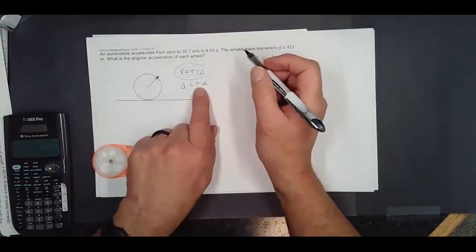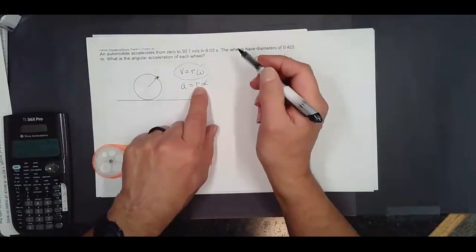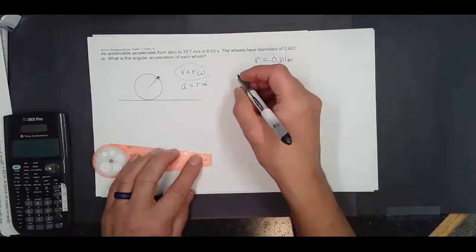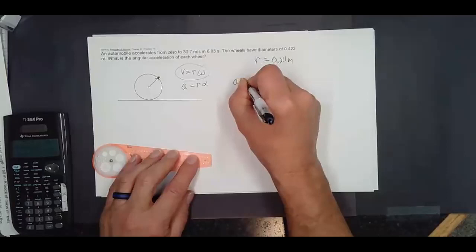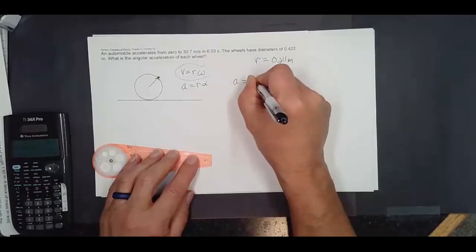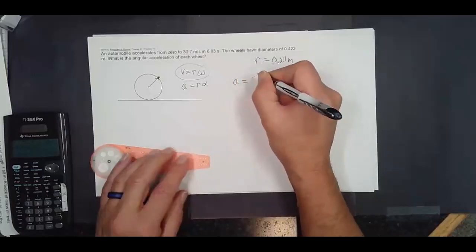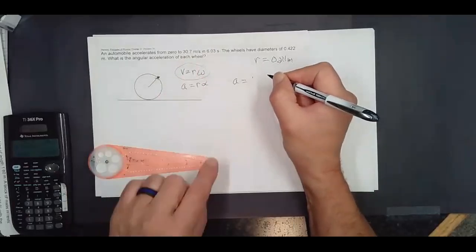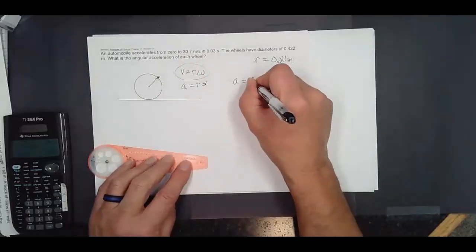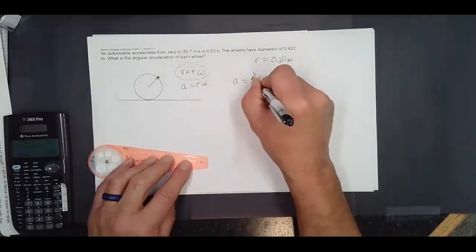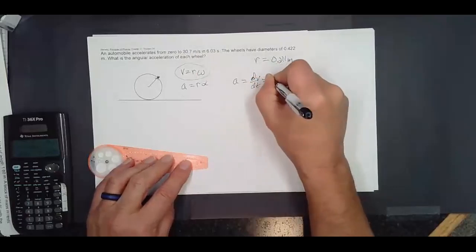So, well, shoot, if we figure out the linear acceleration, we'll have the other one. So a is equal to, we're assuming constant on there, it's going to be dv dt, or delta v over delta t.